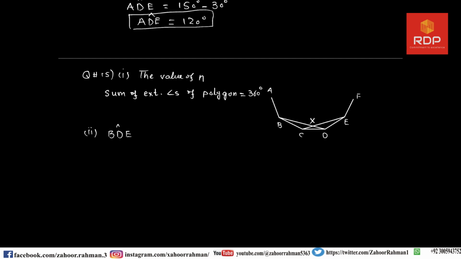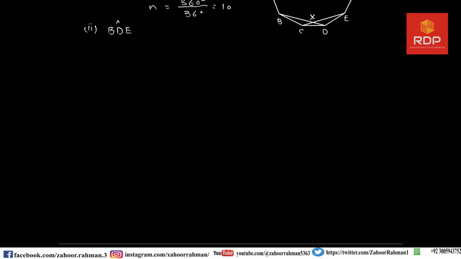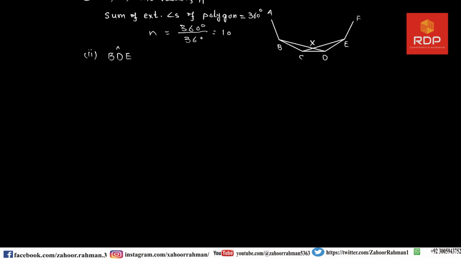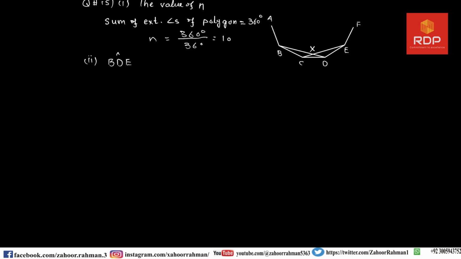Each exterior angle of this polygon is 36, it is given in the question. So we have to divide that 360 degree by 36 degree, and that will be equal to 10. So in this polygon we are dealing with a 10-sided polygon.